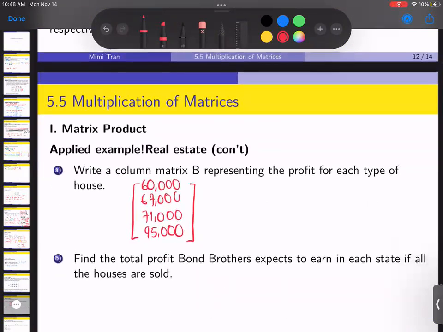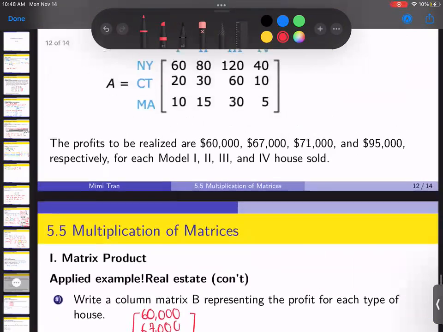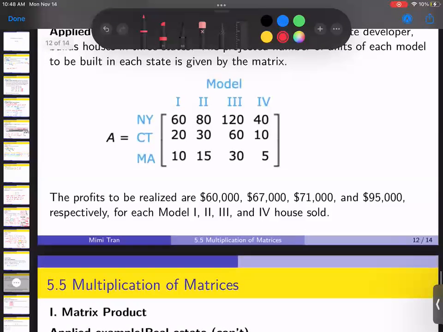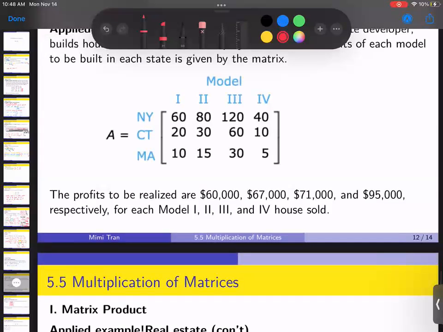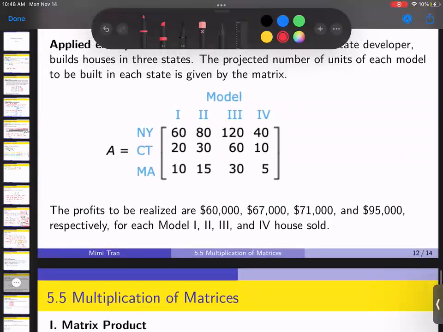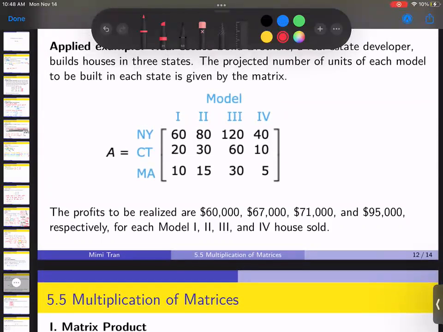Part B, find the total profit Bond Brothers expect to earn in each state if all houses are sold. Now, it's just by logic. If you don't know anything about matrix multiplication or dot product, and I ask you what is the total profit, what do you do? Add them. And before I add them, what do I have to do first? These are different prices.